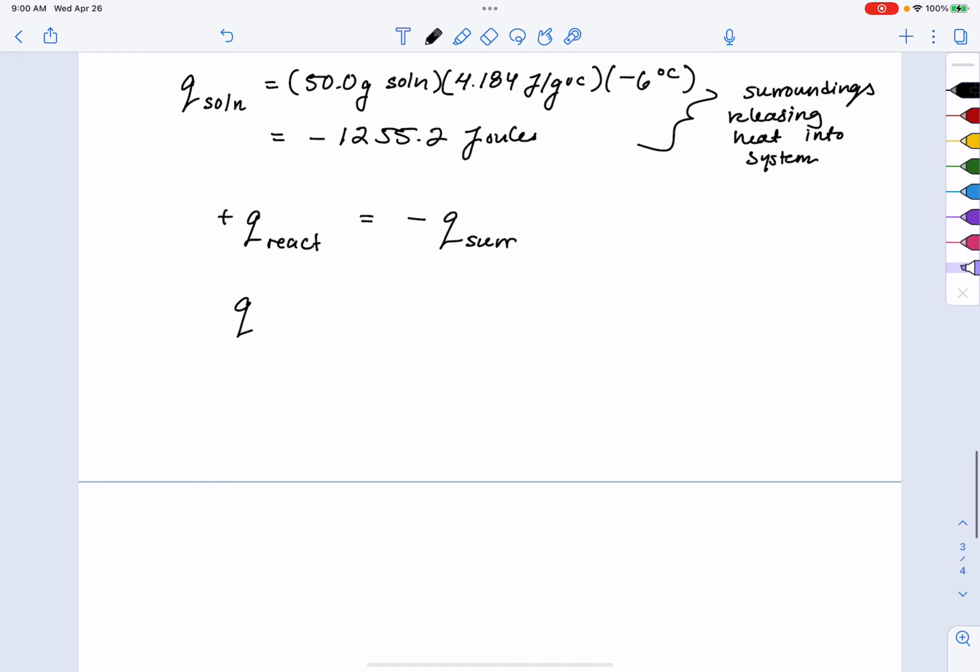So the heat of the reaction, or reactant particles, is the negative of the heat that we get released.